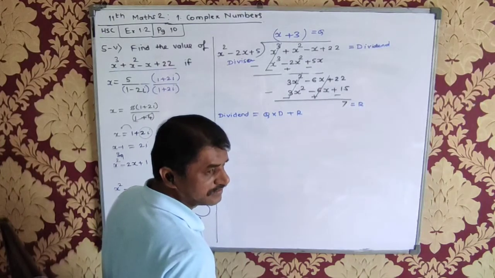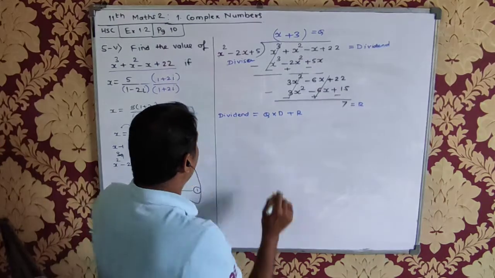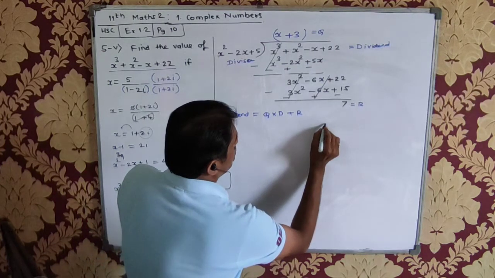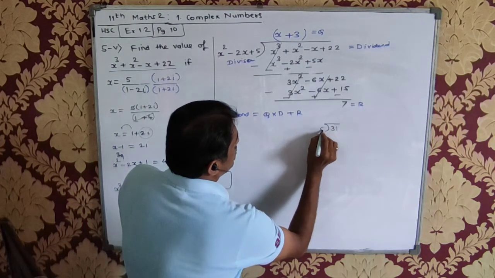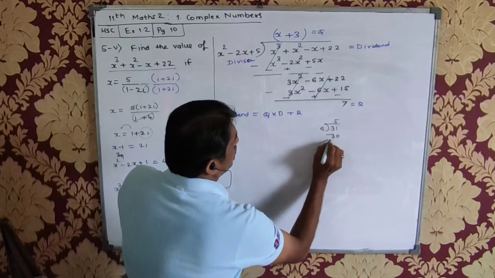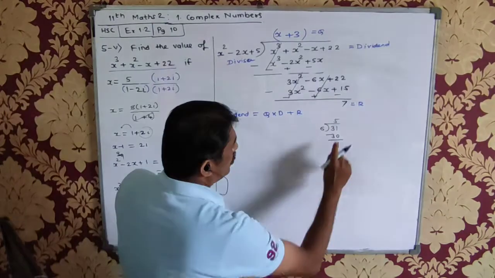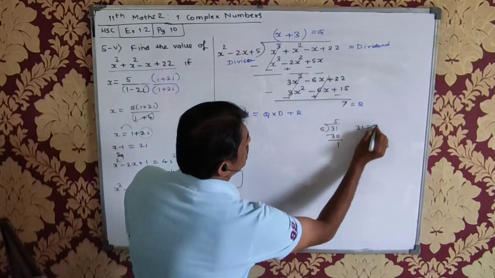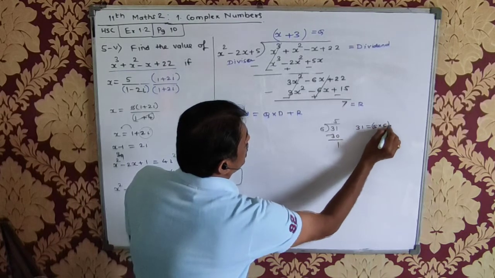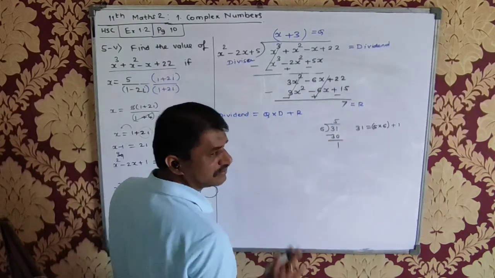You don't know this? If you don't know, fine, I'll say it. When I divide 31 by 6, 6 fives are 30 and 1. So how do I get 31? 31 is equal to 5 into 6 plus 1. That's what I wrote here.